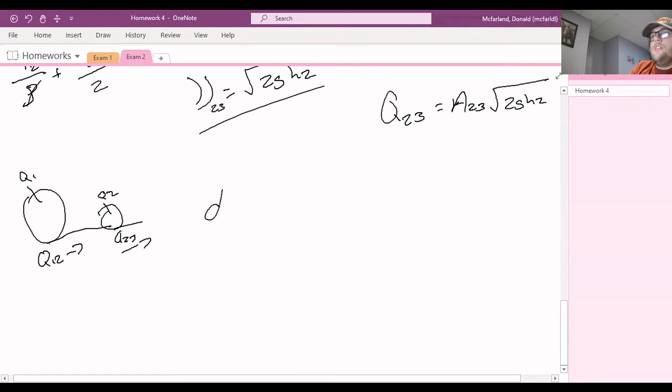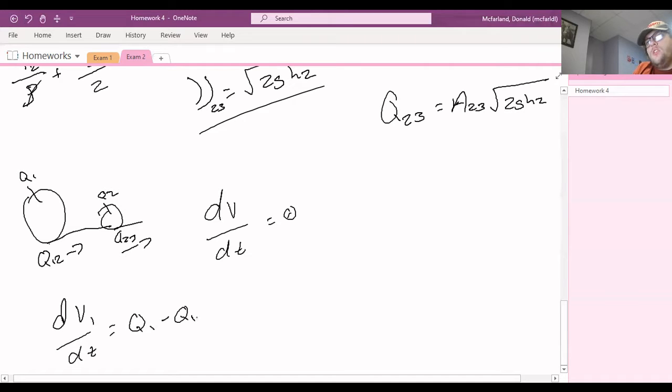So remember what steady state means is the change in volume for these two tanks is 0. So for tank 1, we have Q1 minus Q12. So at steady state, the fluid going into the tank must be equal to the fluid going out of the tank.